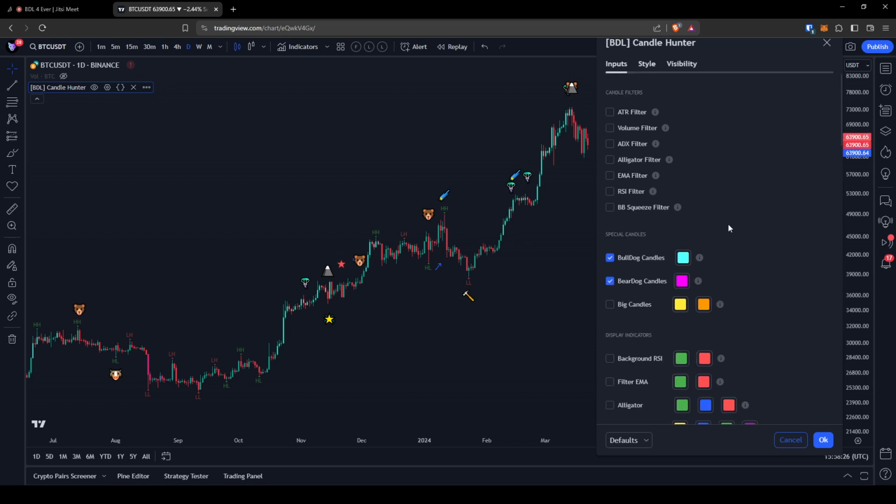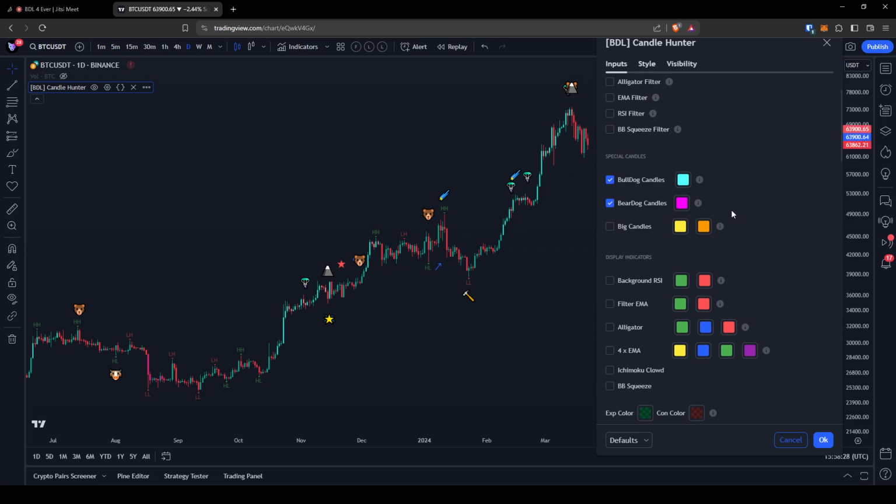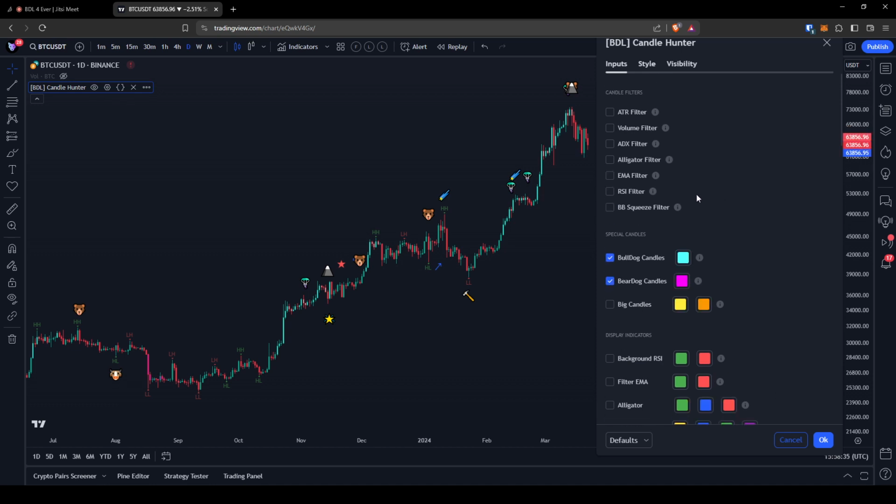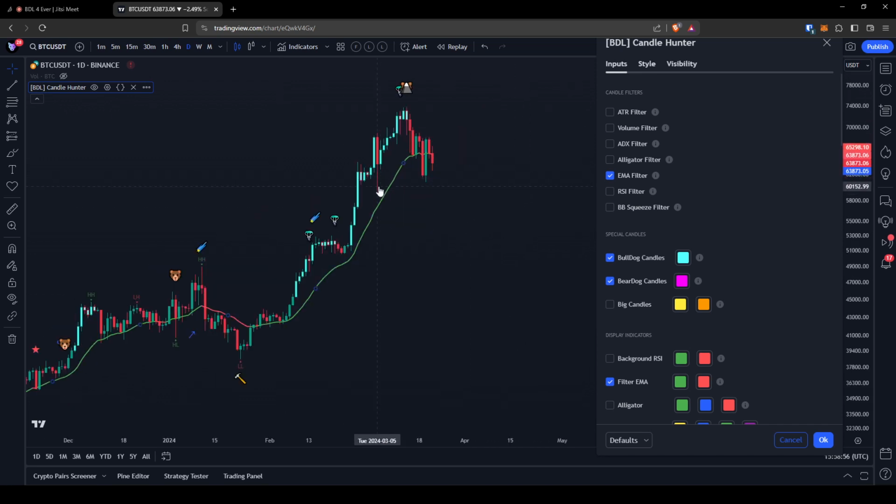So Angelo, where are we going to start now? Let us first explain how the filters work. Maybe we can turn on the filter EMA so we have the moving average visible on the screen. What we are basically trying to do is, when the price is above the EMA, we are spotting reversal signals. Now we have the EMA filter turned on.